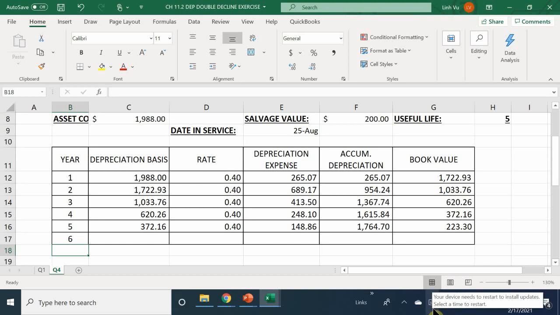Now, can I go on for a 6th year? Yes. Why? Because the salvage value is 200 and we have 223 book value. That's a valid reason. Why else? How old is my asset right now?